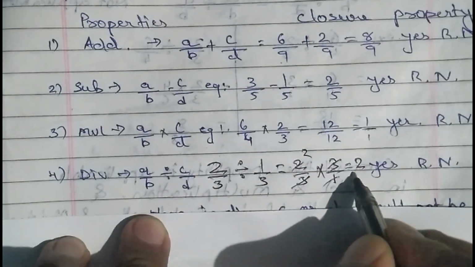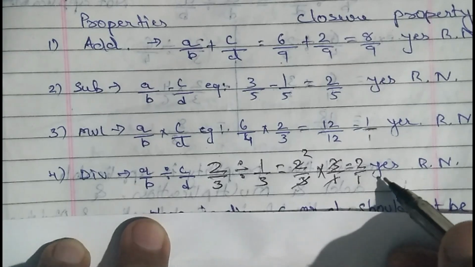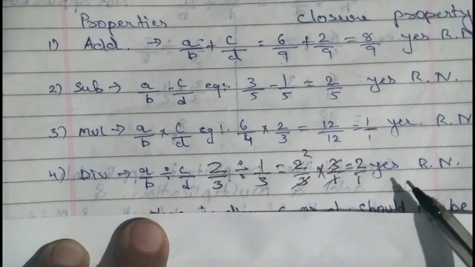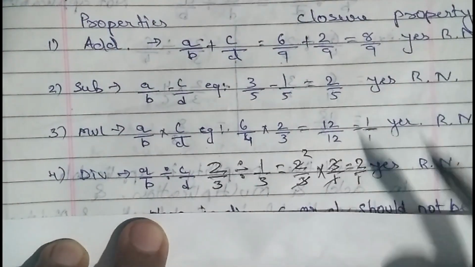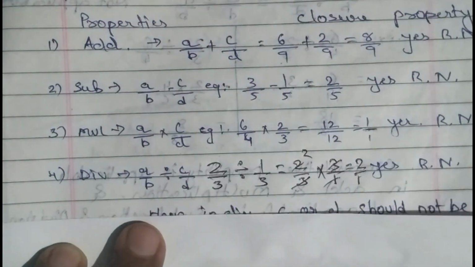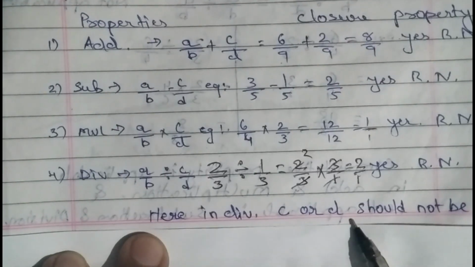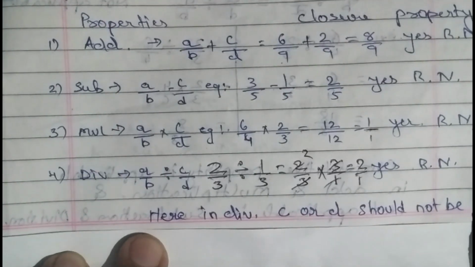I can write this number as 2 upon 1, and yes, I got a rational number. So division is also applicable in closure property to give a rational number, but with one condition: in division, C or D should not be 0. It should always be greater than 0.